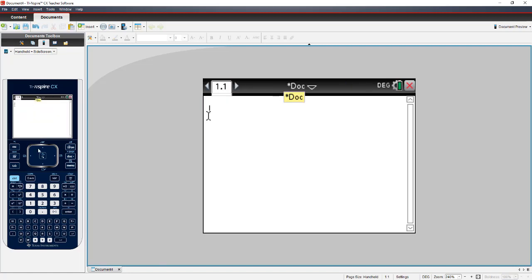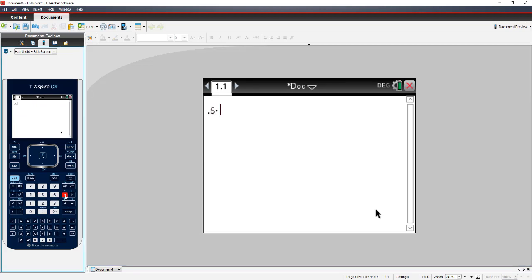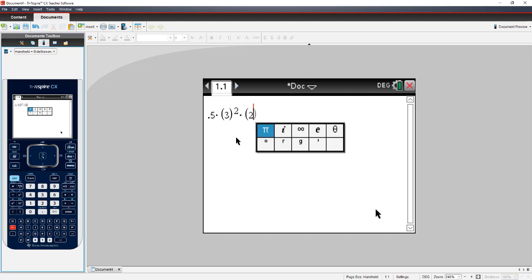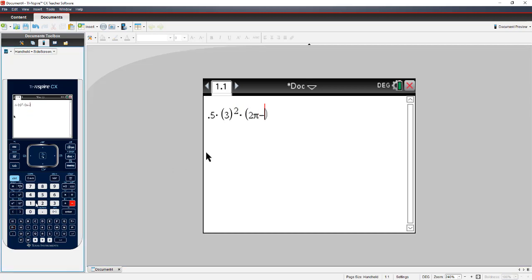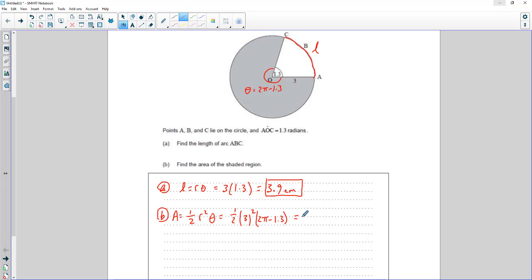We're going to do 0.5 times 3 squared, which is 9 basically, and then times 2 pi minus 1.3, and this will be 22.4 about, if you round to 3 significant figures. And this will be in square centimeters. And that's your answer for that one.